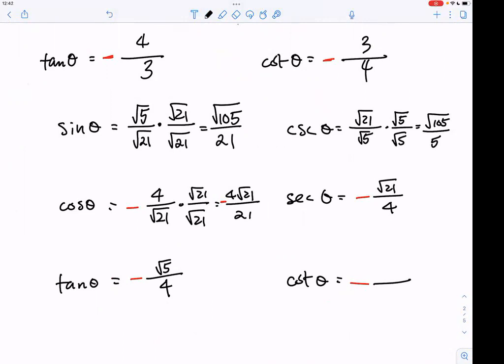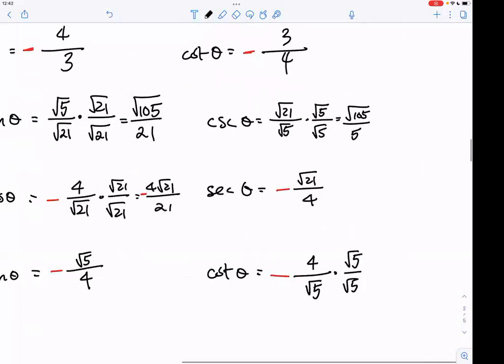Very nice. 5 over 4, with the negative up front. And cotangent will be 4 over root 5. So just an easy rationalization. So equal to negative of 4 root 5 over 5.